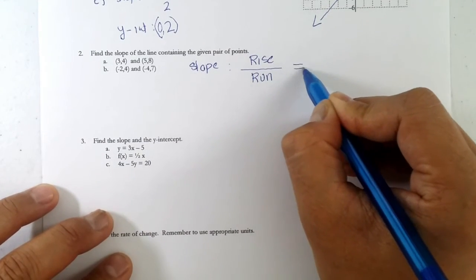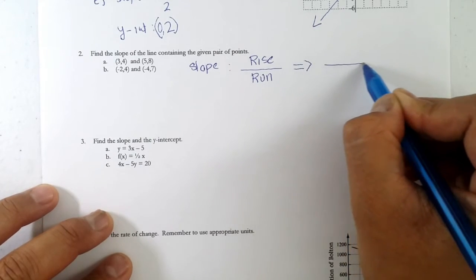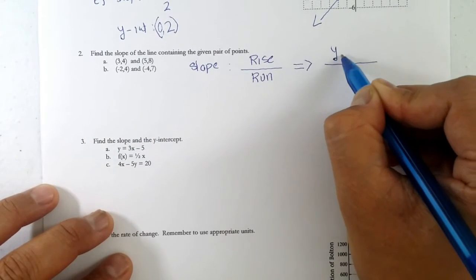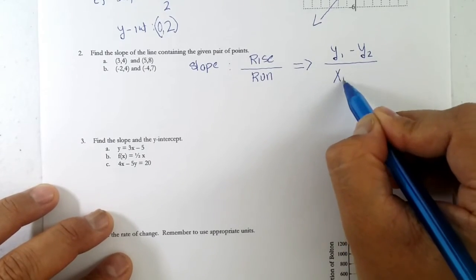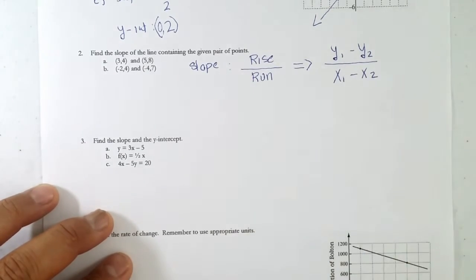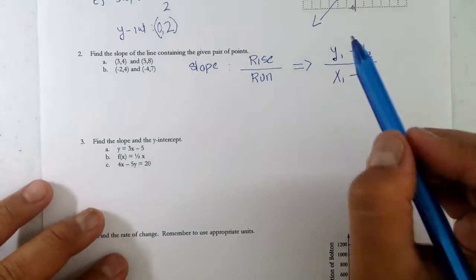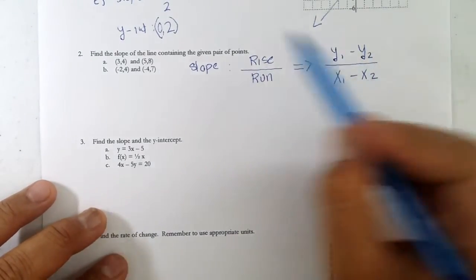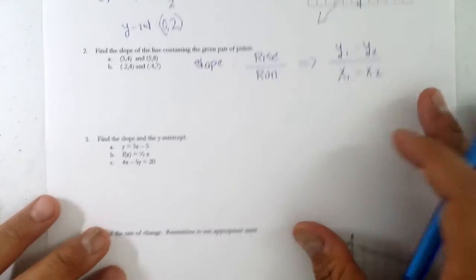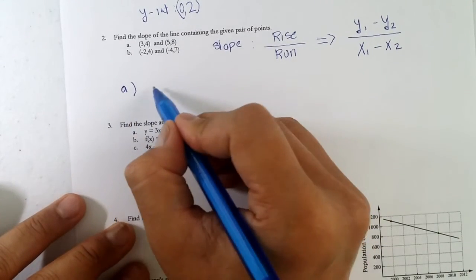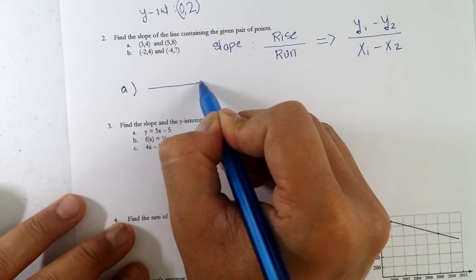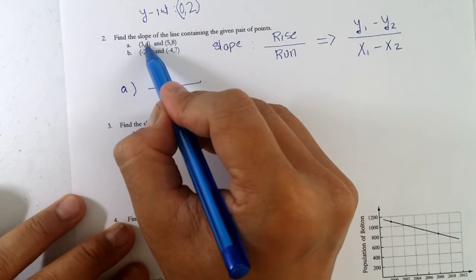Another way to find the rise is to subtract the y coordinates. And another way to find the run is to subtract the x coordinates. So we're going to apply this formula to find the slope of these points. Part A, your y1 is going to be 4.